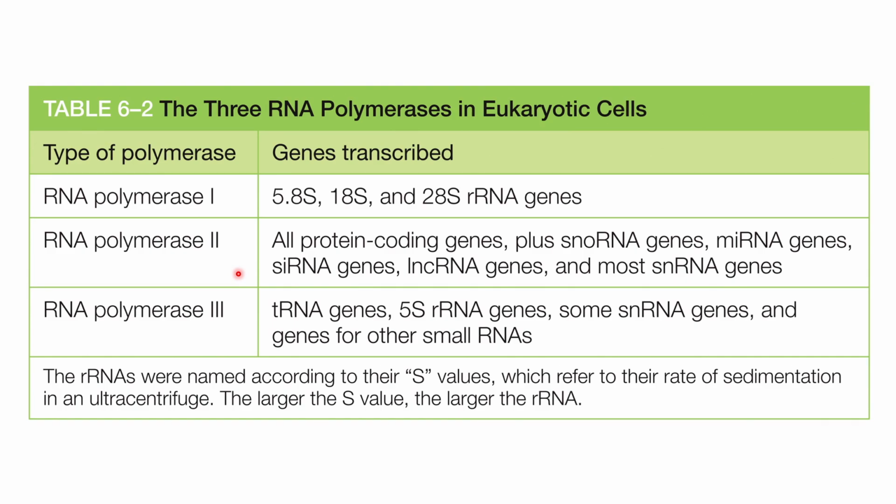However, for our class, we are going to be mainly focusing on polymerase 2 because only RNA polymerase 2 codes for protein. Polymerase 1 and 3 code for small RNAs, ribosomal RNAs, or tRNAs. But it's only polymerase 2 that's involved in the creation of protein.